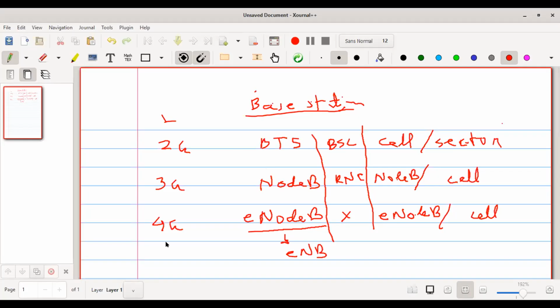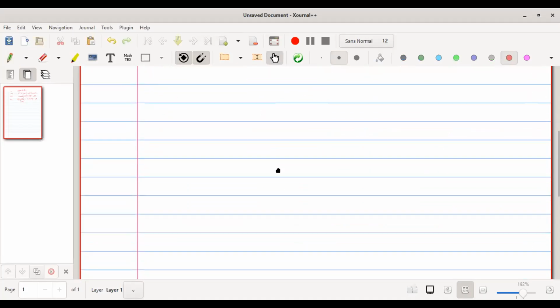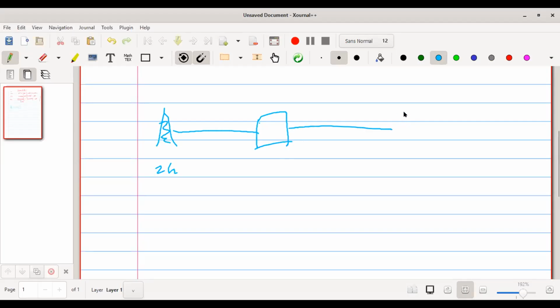It is like the base station, in the case of 2G, was just connected to another component in the network, and then you have the core network part. This part is our radio access network, and this one was BSC.